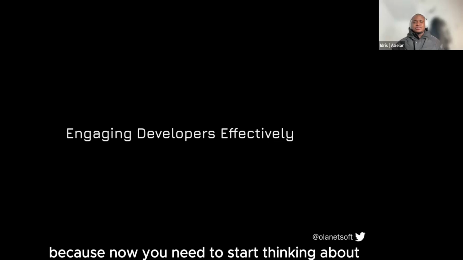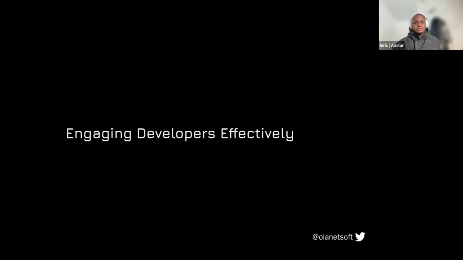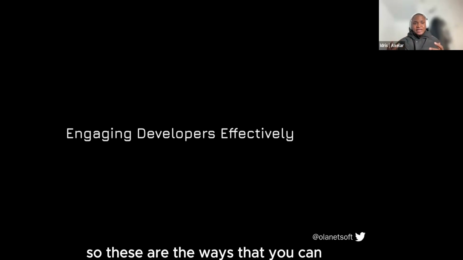It goes beyond that, because now you need to start thinking about, now that I've organized this first event, or I'm planning to organize this first event, what are some of the pre-event activities and what are some of the post-event activities that you want to embark on? These are the ways that you can engage your developers effectively. But now let's take a deep dive on the categories, or what exactly is required.